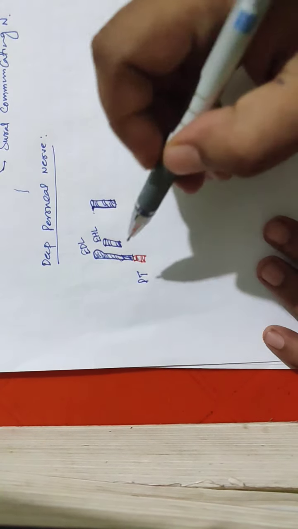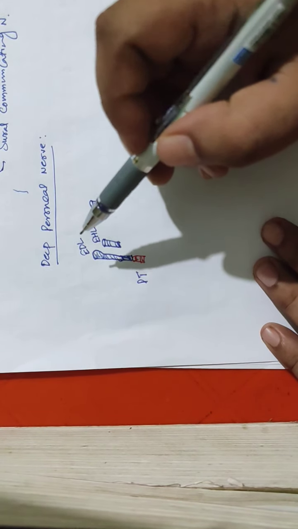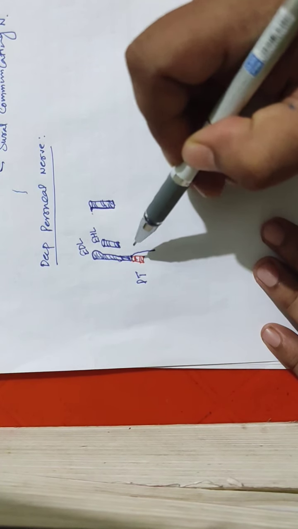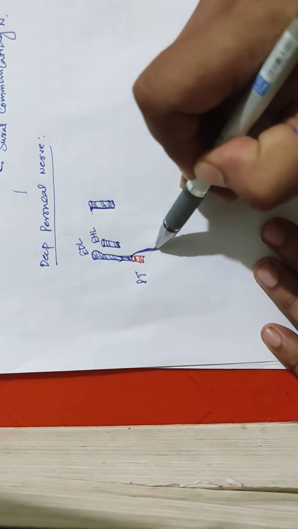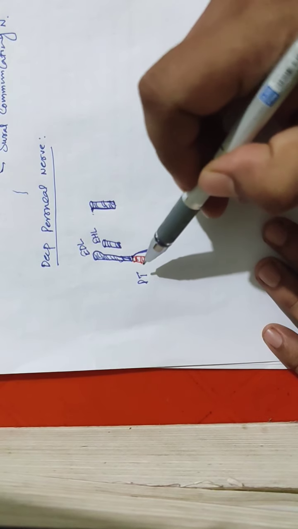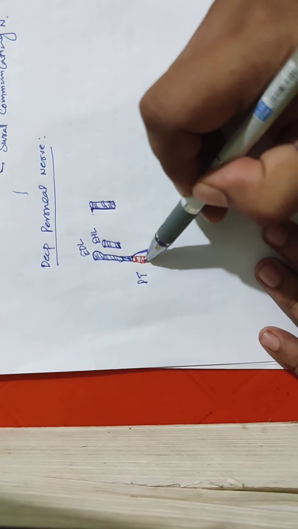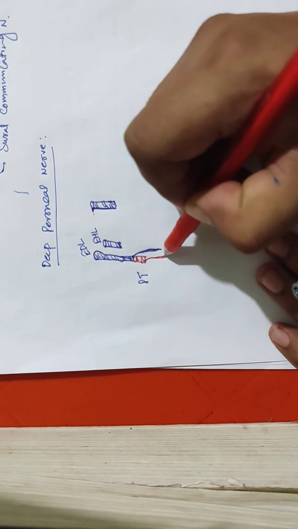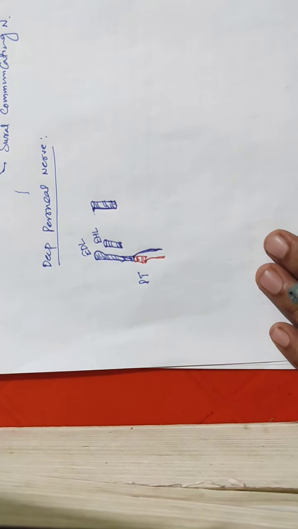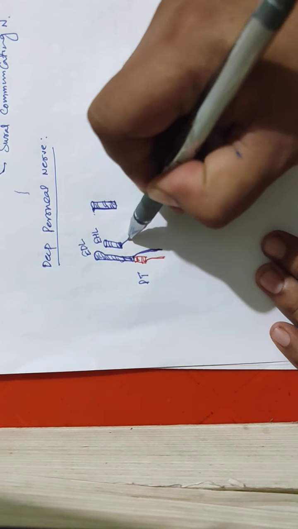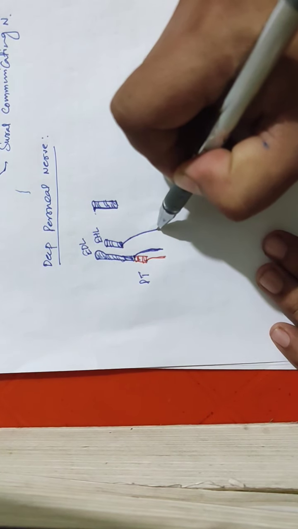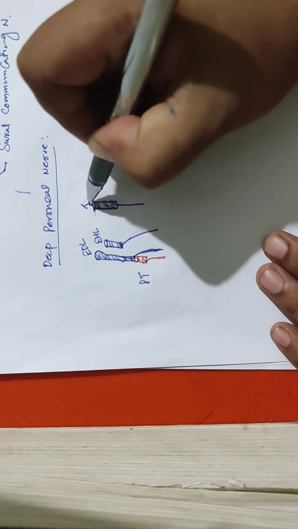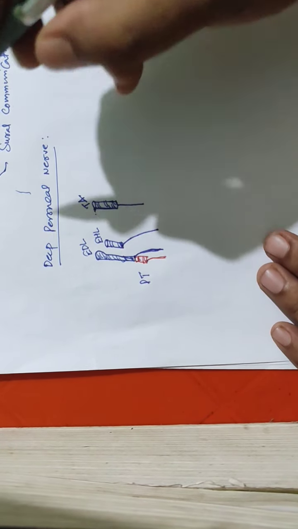Their tendons are situated this way: this is the tendon of the extensor digitorum longus muscle, this is the tendon of the peroneus tertius muscle, and this is the tendon of the tibialis anterior muscle.